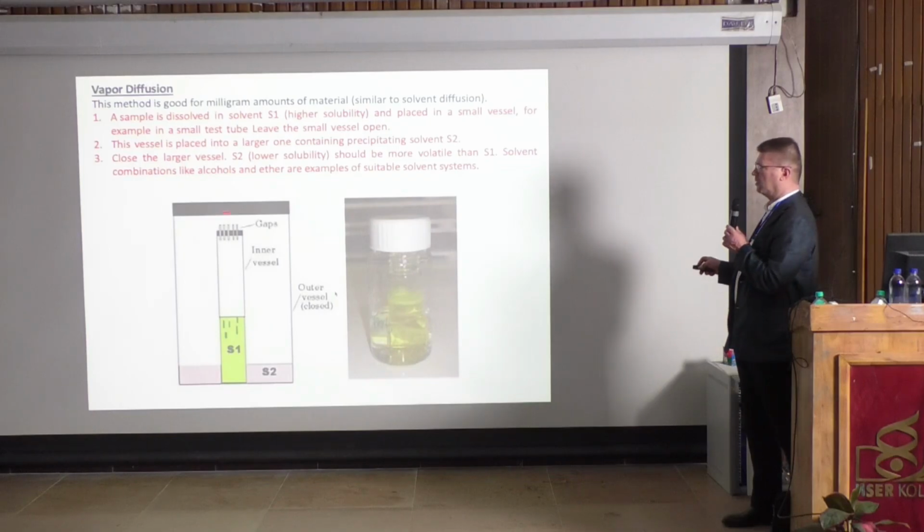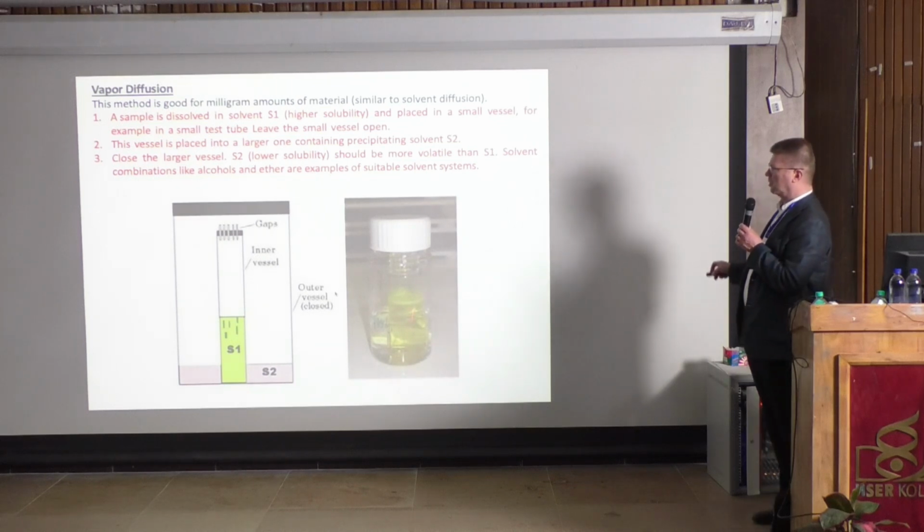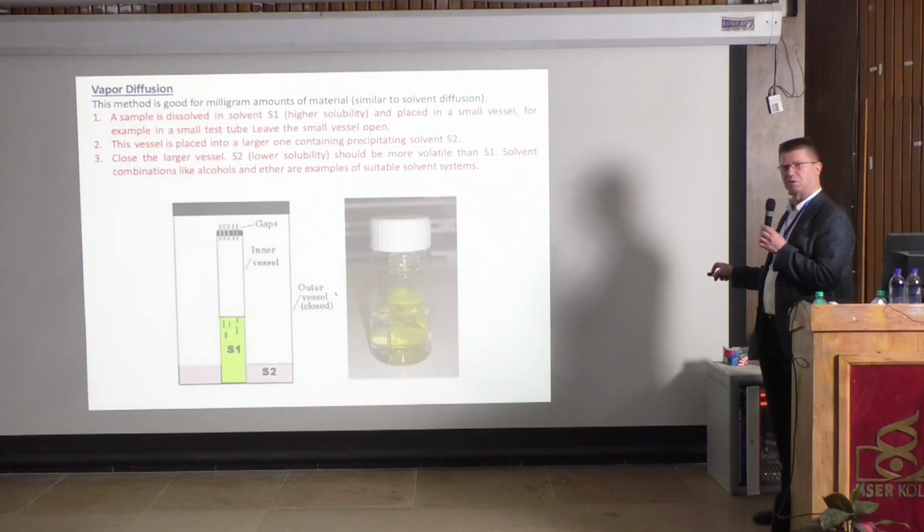This is a very neat technique because it's closed, you can see, and this is a real one. It is about 3 to 4 centimeters. You can see there is a cap-closed bottle. Inside that there is a small one, with no holes, it's open. There is a yellow S1 solution surrounded by S2, and in this area here the crystals are growing.